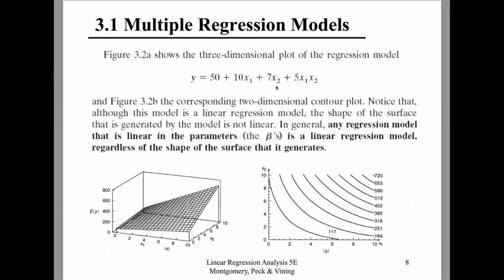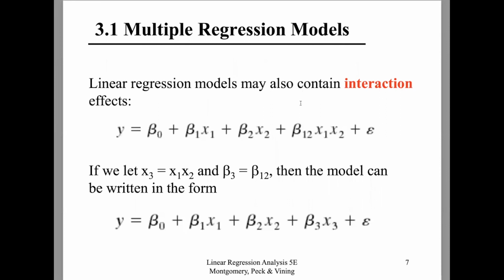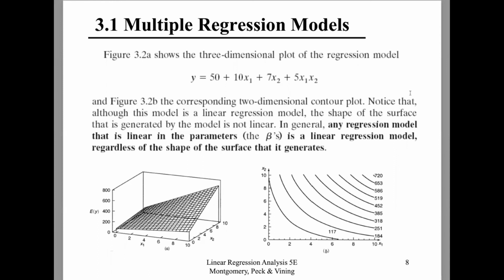And conversely, the impact or the effect of x2 on the response depends on x1. And because of that, that kind of term, that product term, is called an interaction. All right. So an interaction exists when the impact or the effect of one variable on the response is affected by or depends on the value or values of one or more other explanatory variables.